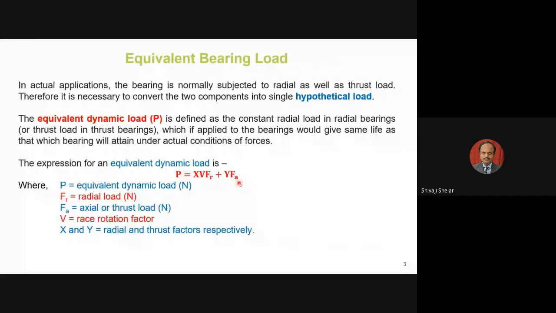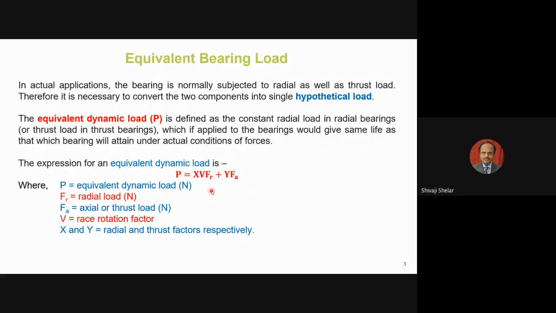In that, we have V, the race rotation factor. V depends upon whether the inner race is rotating or fixed. If you take the case of a shaft rotating in the bearing, the inner race is rotating and the outer race is fixed in the housing.